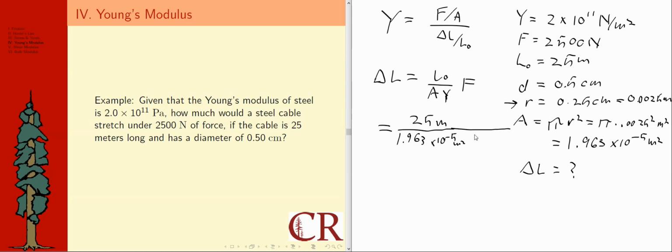Then we have the 2 times 10 to the 11 newtons per meter squared. And I have the F floating off to the side, so I'll put that up here, the 2,500 newtons, because that is algebraically equivalent. Units-wise, the newtons disappear, and it looks like these two cancel as well. We're supposed to get something in meters, so that makes sense.